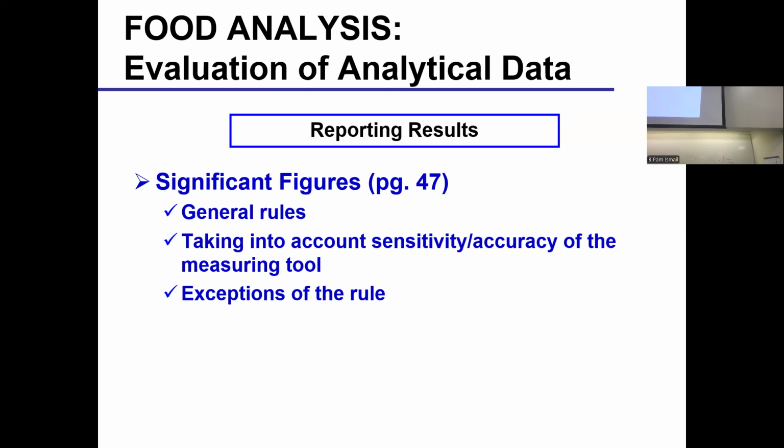What do you do to determine how much you had in the original sample? You multiply by 50 because it's diluted 50 times. So you multiply by 50. So now you get a value of 2175 microgram per ml.